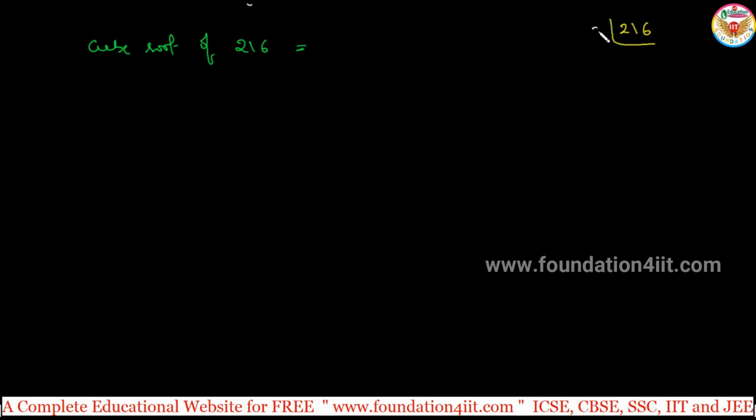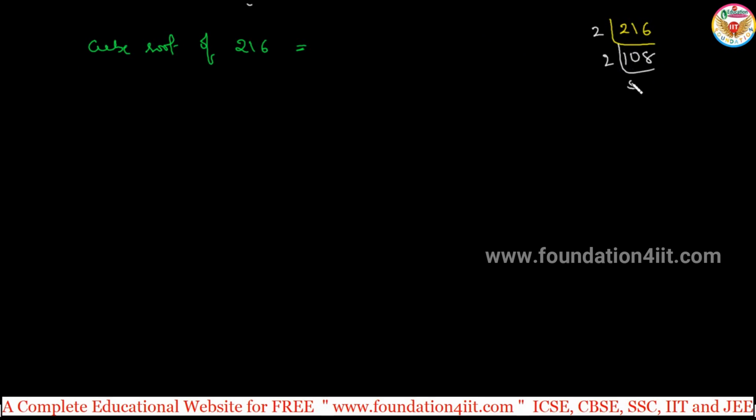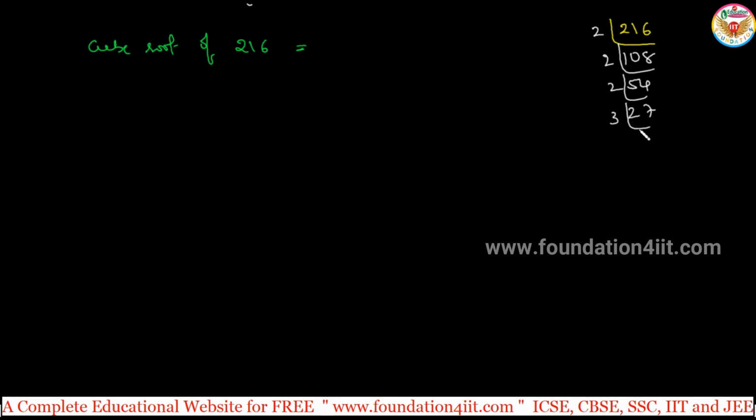216: 2 table, 2 is the first prime number. So this is 108, then 54, again 2 table, then 27. 2 is not divisible now, so 3 it is. 3 9s are 27, 3 3s are 9, 3 1s are 3.